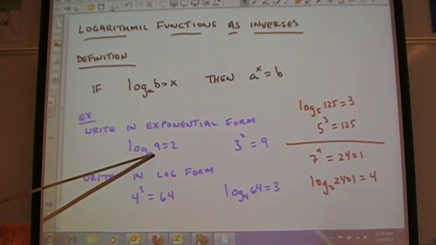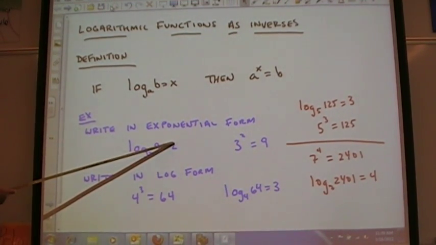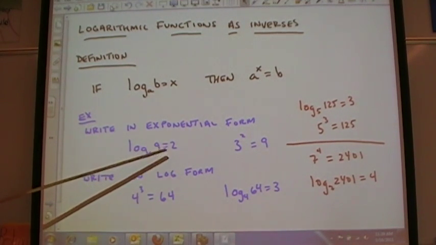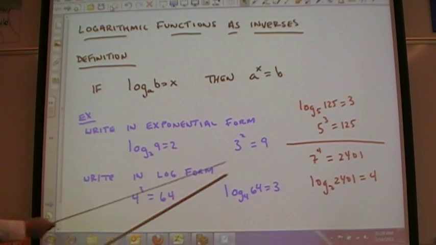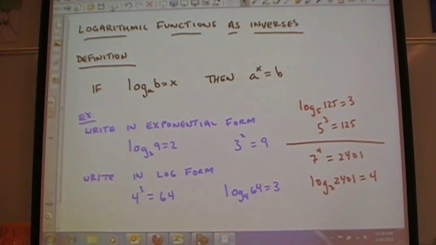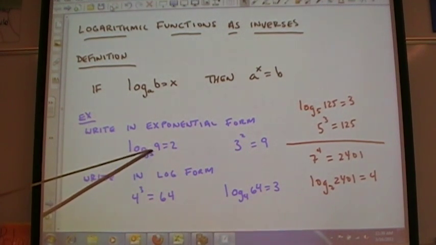You always take the base number, raise it to this power on the other side of the equal, and it should equal this. So in exponential form it would be 3 squared equals 9, which is a true statement. So if it's true over here, then this has to be a true logarithm. Okay?